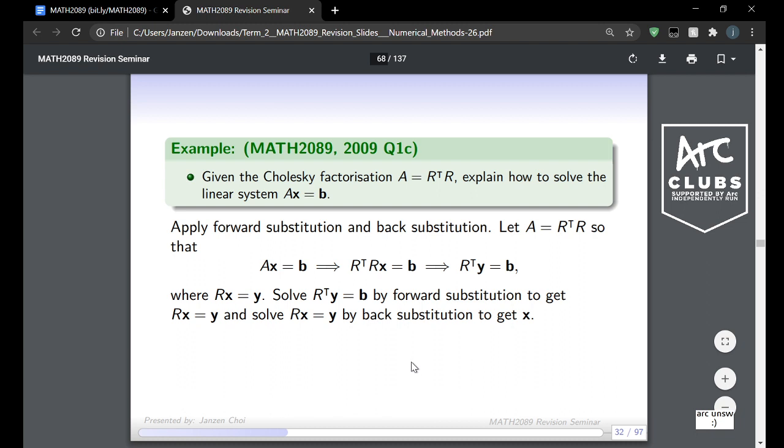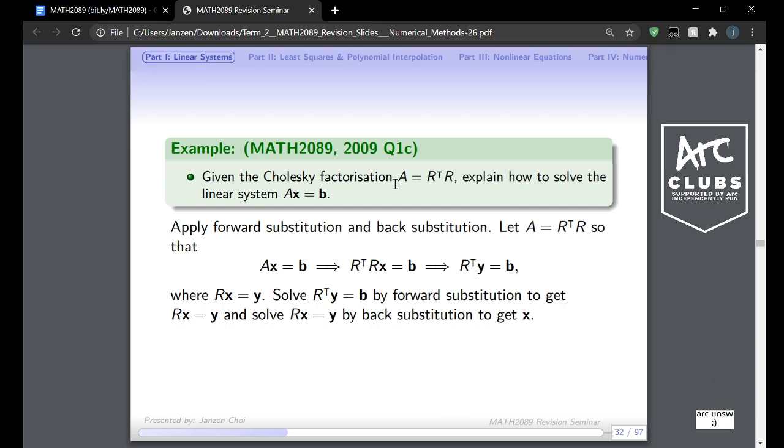Alright, given the Cholesky factorization A is equal to R transpose R, explain how to solve the linear system. Yep, so this process again is quite similar to LU factorization, and how we can use LU factorization to solve linear systems.